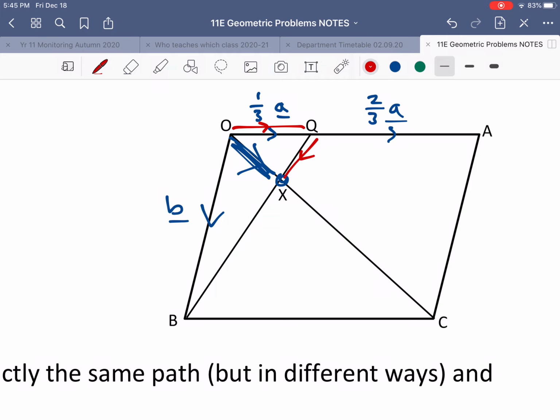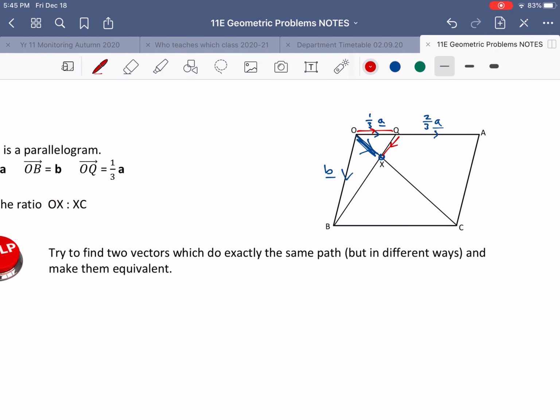So that's what I'm going to try and do. So let me do the blue one first. So my O to X along the blue. So going to the same point along two different routes but using two different diagonals. O to X, well, O to X is a fraction of O to C. So I'm going to call it lambda OC.